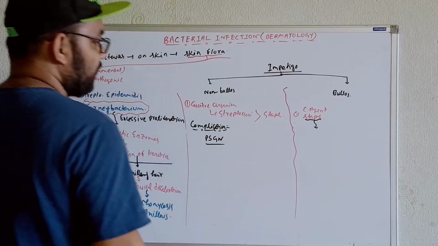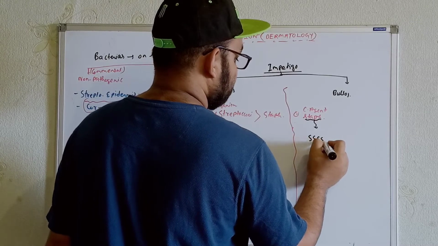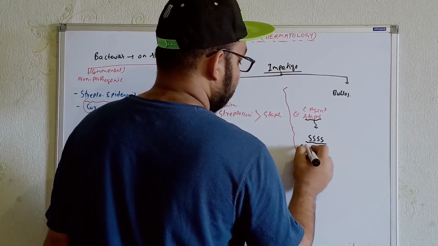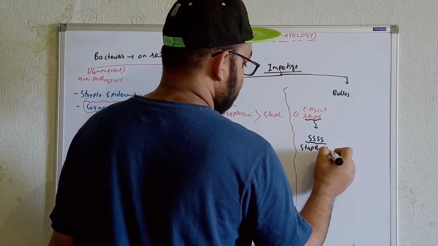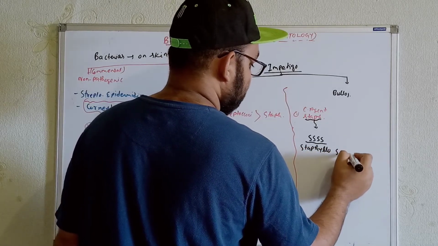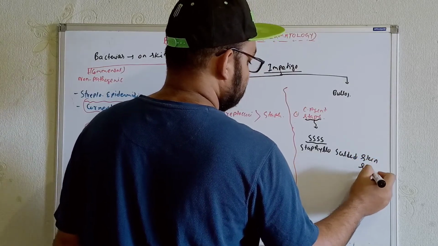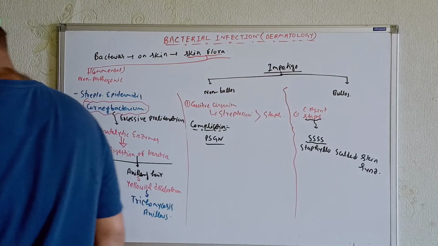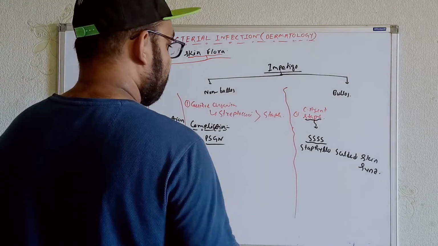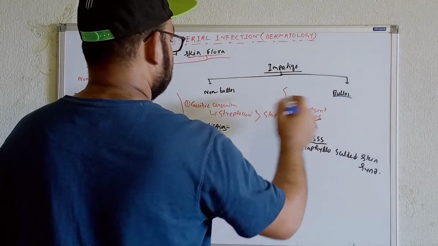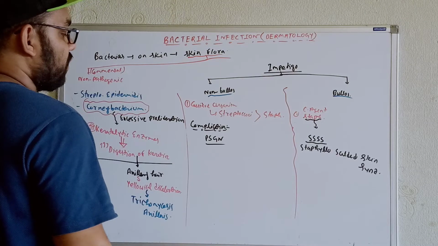And in these cases we'll get staphylococcal scalded skin syndrome. So we'll get staphylococcal scalded skin syndrome for the bullous, and in case of the non-bullous, we'll get the chances for having post-streptococcal glomerulonephritis.